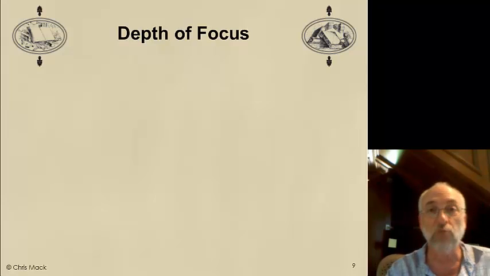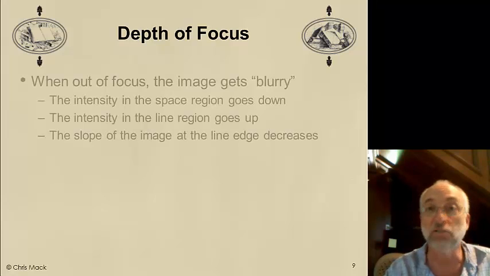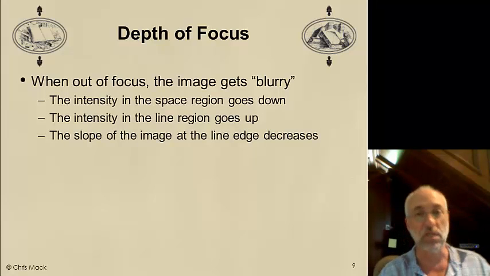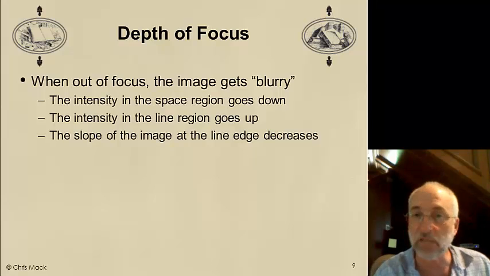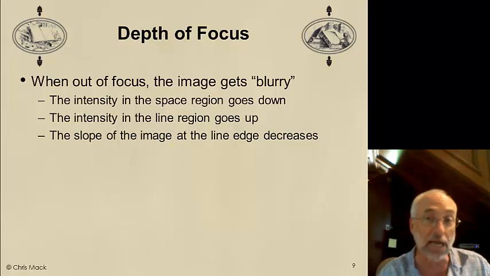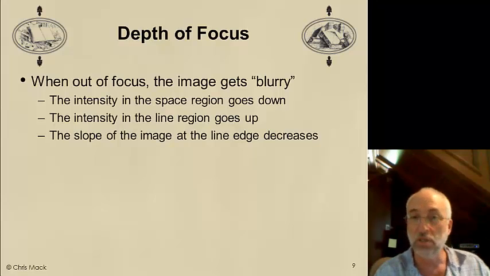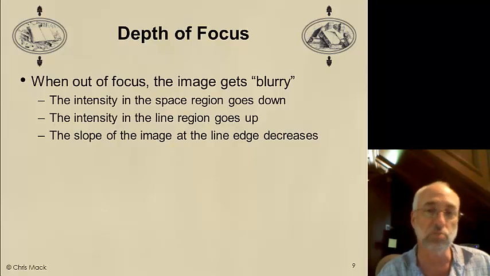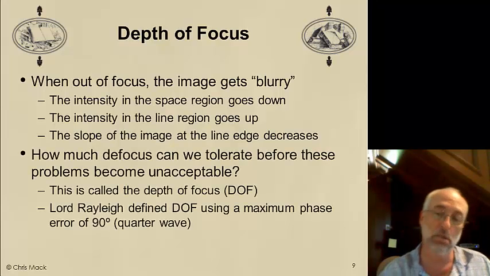So this gives rise to an interesting question. What is the maximum range of focus that we can tolerate? Well, when we're out of focus, the image gets blurry. As I just mentioned, the intensity in the space region goes down, the intensity in the line region, which we want to be low, goes up, and the slope of the image at the line edge decreases. This is what we mean by blurry. When we say the image is blurry, it's harder to see where the edges are.